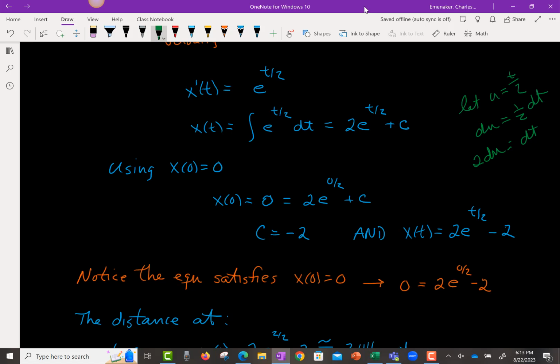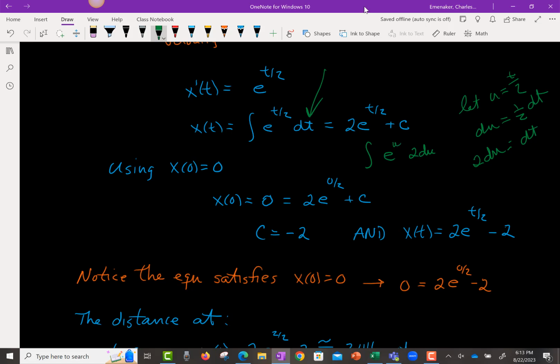The dt here can be replaced with 2 times du, and the t over 2 is now going to be replaced with u.